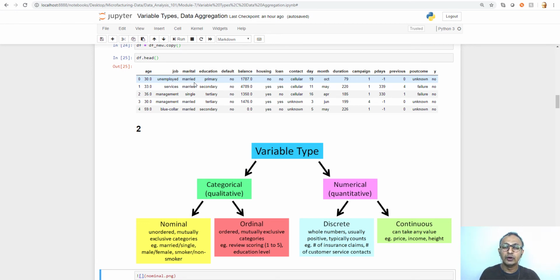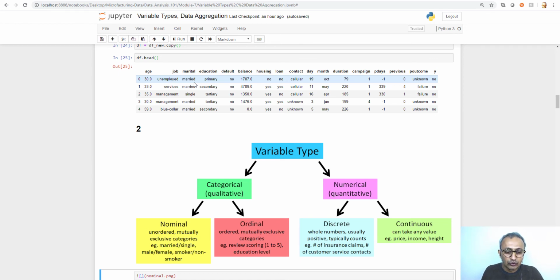When you look at a Yelp review, for example, you know that a 5-star review is better than a 4-star review, and a 4-star is better than a 3-star. So that is a particular order. It could be good, better, best. Though that is a categorical type of variable, you can apply an order to it.